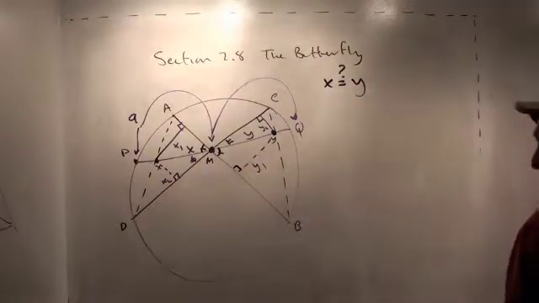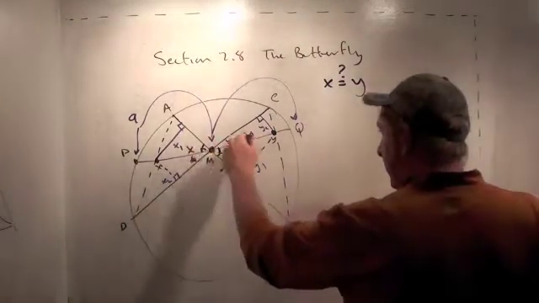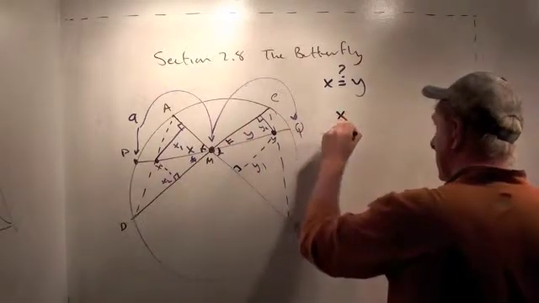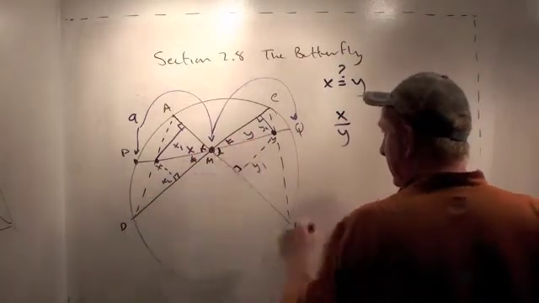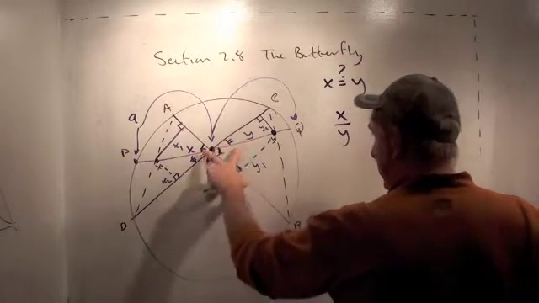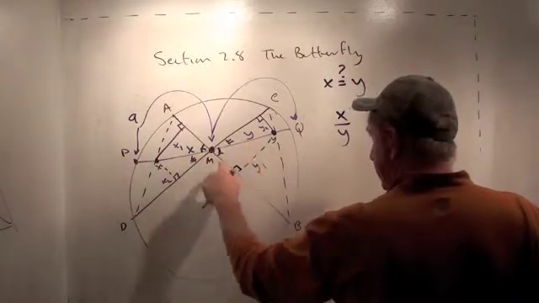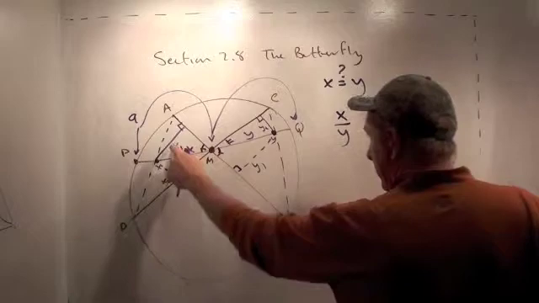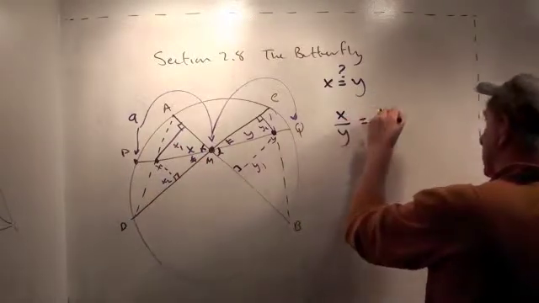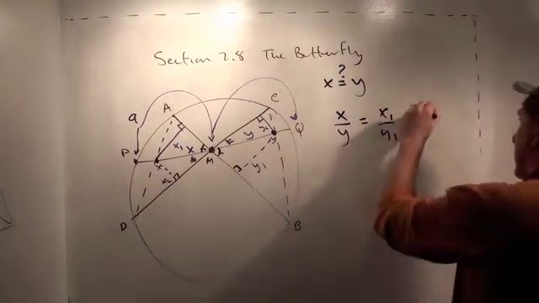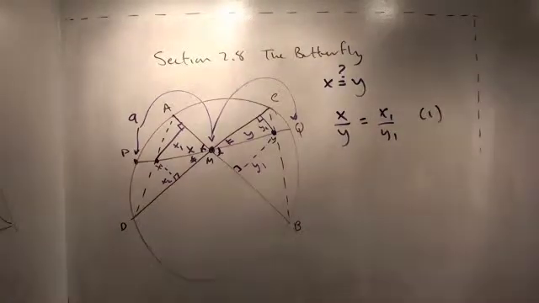And so that tells us that x over y, the sides of those right triangles, the x and y are the hypotenuse, equals x1 over y1. So that's fact number one. Okay? So hopefully you can see that x over y equals x1 over y1.